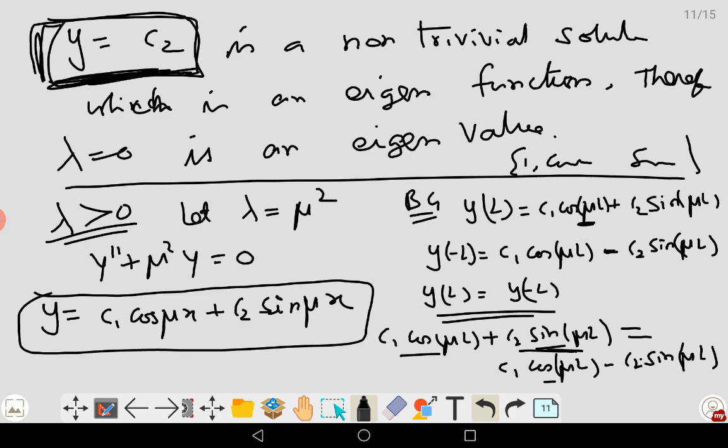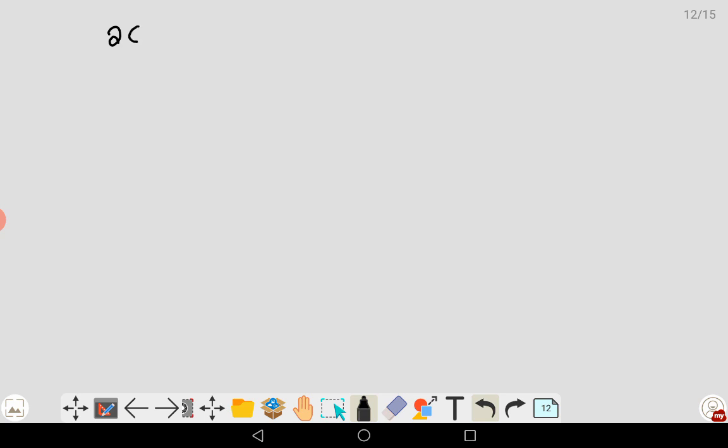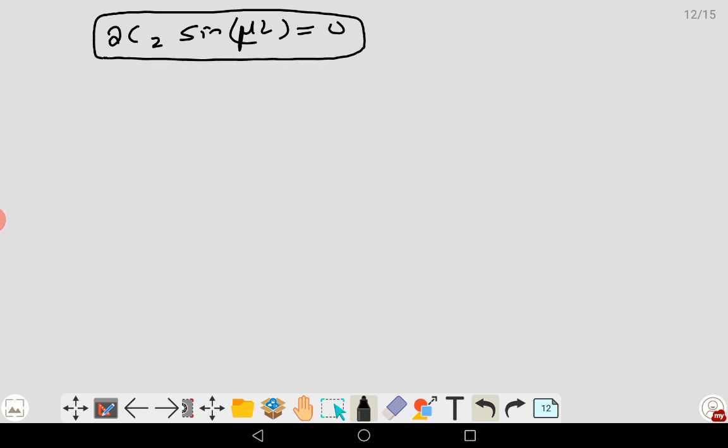On the next page, you will simplify it. When you take this term to the left, it will be positive, so 2 times C2. So it will give 2 times C2 sine mu L is equal to 0. So we get this conclusion.